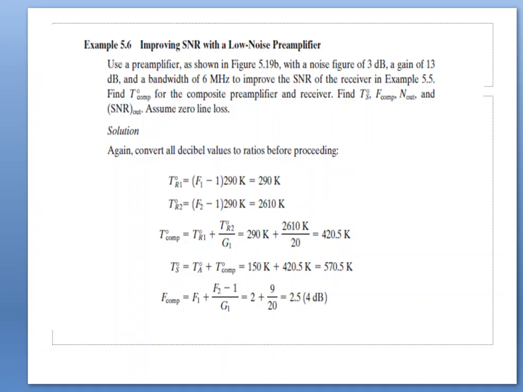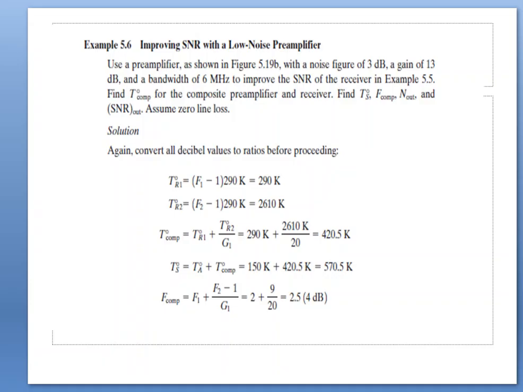To improve the SNR of the receiver, find out T composite for the composite preamplifier and receiver and find all these parameters. Assume that there is zero line loss. Again convert all into ratios and proceed. TR1 is (F1 minus 1) times 290 degrees Kelvin, you will get F1 equal to 2, that is 290 degrees Kelvin, and TR2 is equal to (F2 minus 1) times 290, that is 2610 Kelvin.